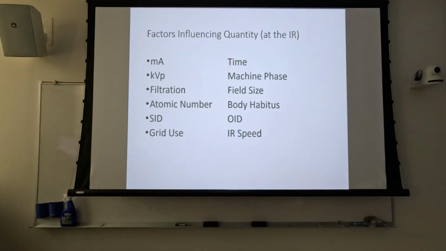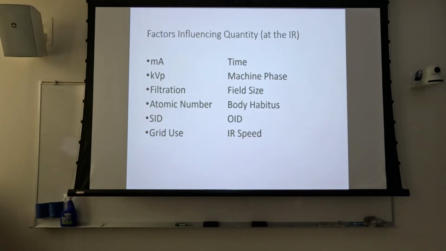As much, anyway. With body habitus, again, the science says that the thicker the tissue, the more scatter you're going to create, right? So you go from somebody who's asthenic to somebody who's really hypersthenic, or if you go from, I don't know, a foot to a hip, you're going to create significantly more scatter radiation, so you need a grid, right?